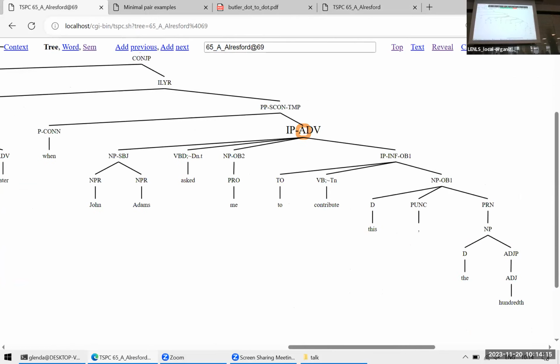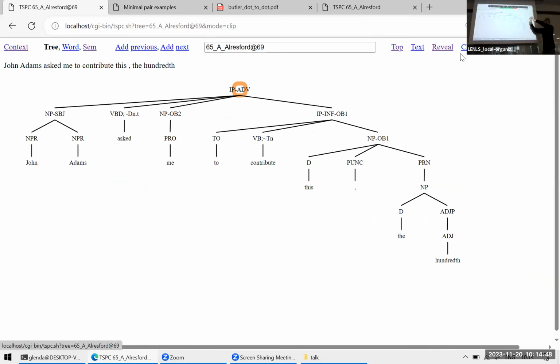Yes. So here I picked out a picture of my tree. John Adams asked me to continue this the 100th. So this is kind of interesting. We have a control relationship happening here, a control relationship already, and you conveniently mark with an orange mark.